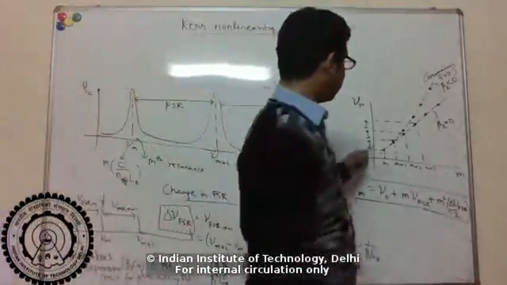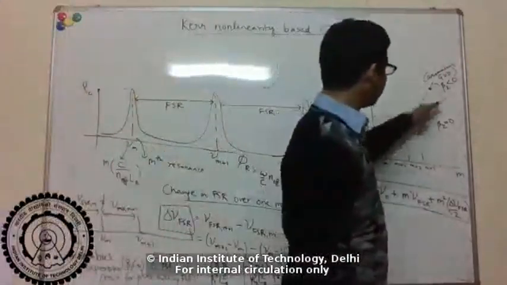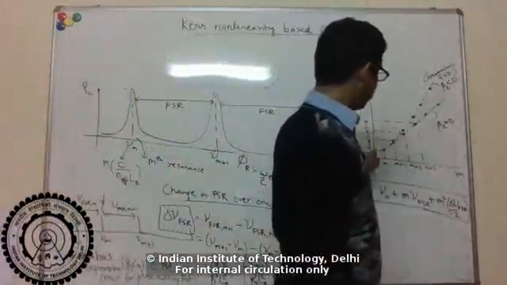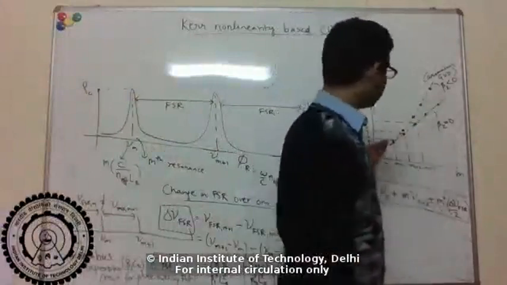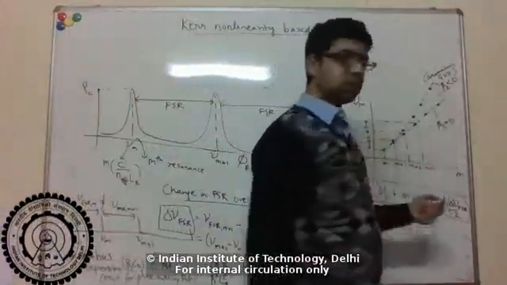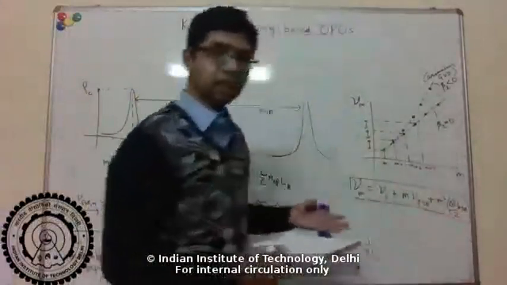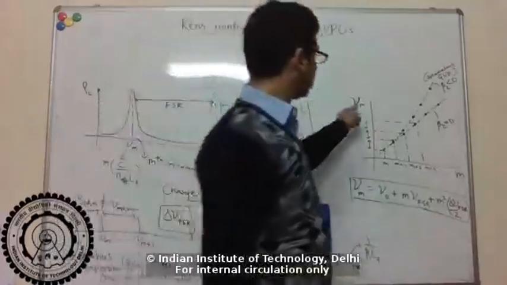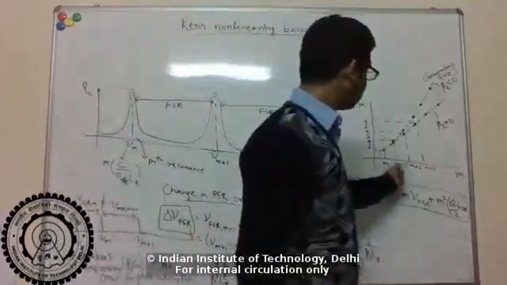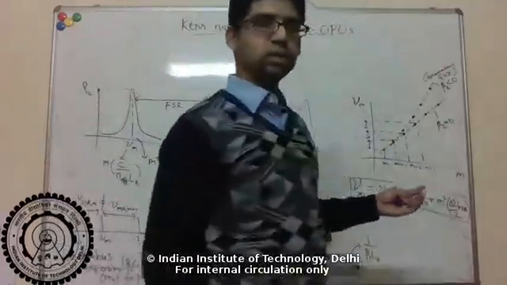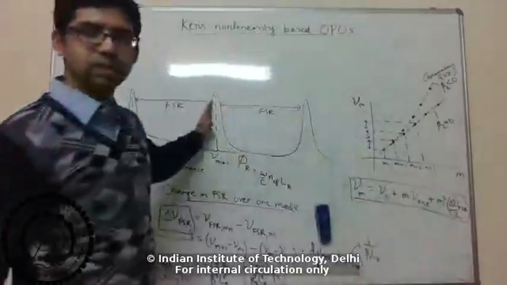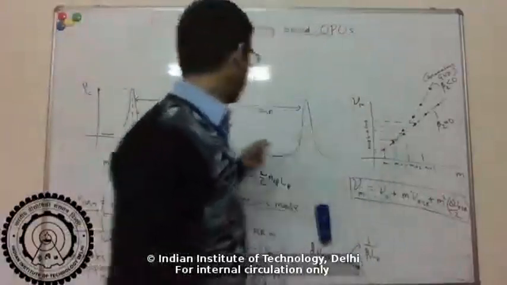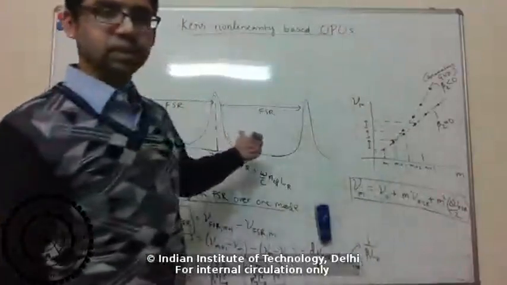Another way to see it: when I plot the mode frequencies versus mode number, the first derivative gives me the FSR. The slope gives me how much the frequency is changing when I change mode number, so that's basically the FSR. And then the second derivative gives me how the FSR is changing.